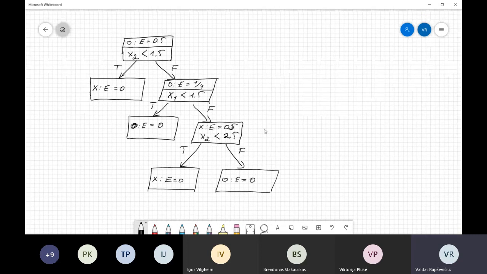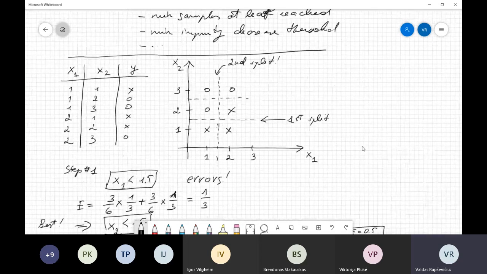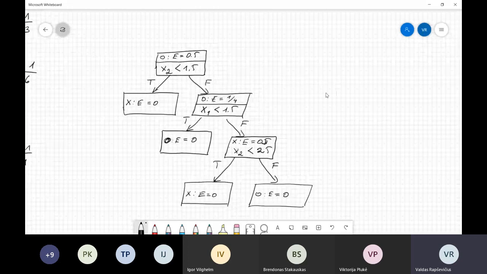So this is how we have constructed our decision tree, and the actual boundary would go somewhere like here, between the classes, here, here, and right here. This is a boundary between our classes, and it is well defined by using this decision tree.